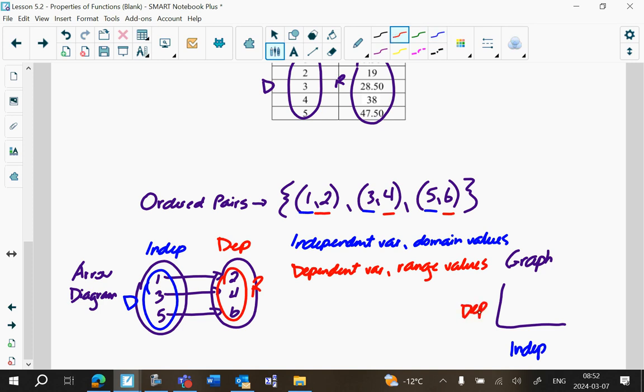And the vertical axis will be the dependent variable. That's how they'll always go. Whether it's a table, ordered pairs, arrow diagram, or a graph, independent variable goes with the domain, dependent variable goes with the range.